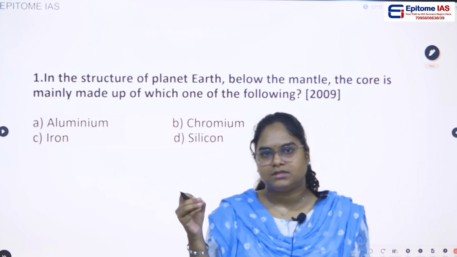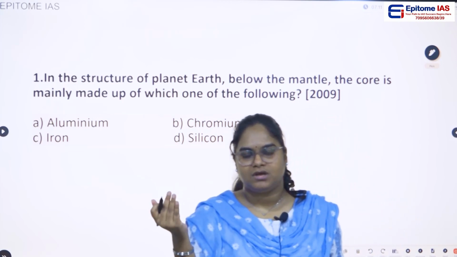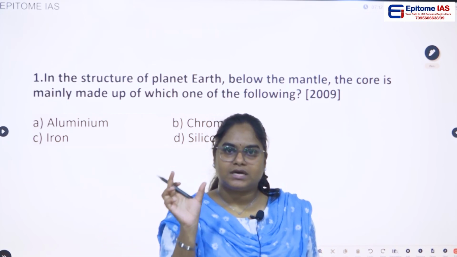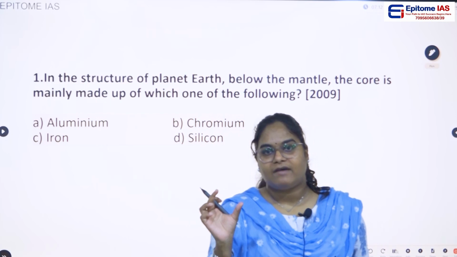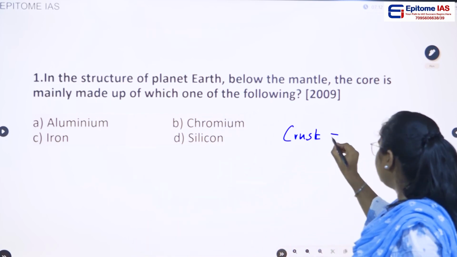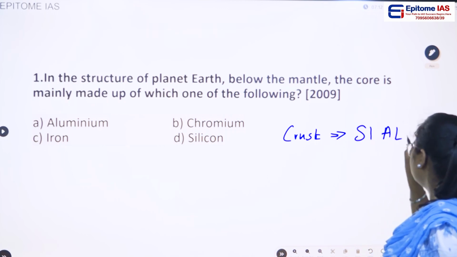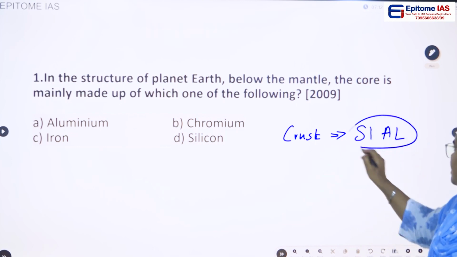If you see the interior of the Earth, it is majorly made up of three major layers. The top layer would be the crust, and we have mantle below that, and to the interior we have core. The crust is mainly made up of silicon and aluminium. That's why we call this particular layer the SIAL layer.